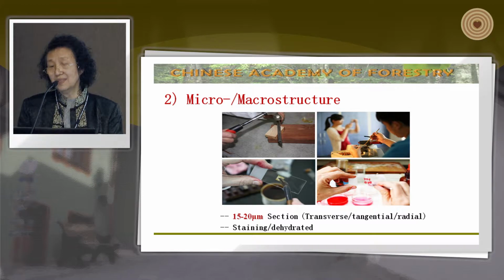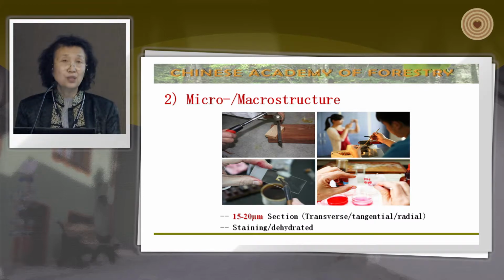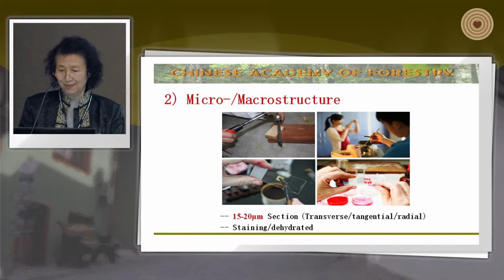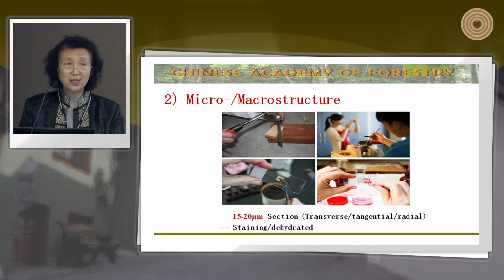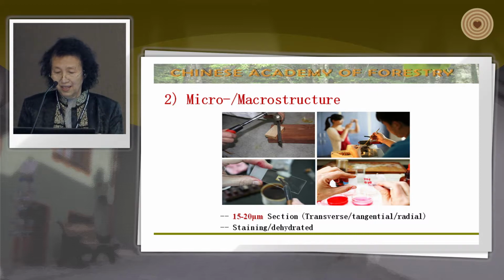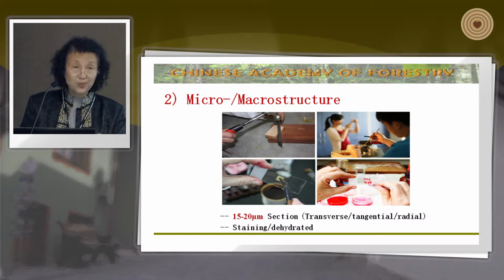The 2 methods are micro and macro structure. We usually use this method. So you can see the 15 by 20 millimeter macro section can be cut, and we use the 3 directions: transverse, tangential, and radial section. Then staining and dehydrating to make the microscope slice.